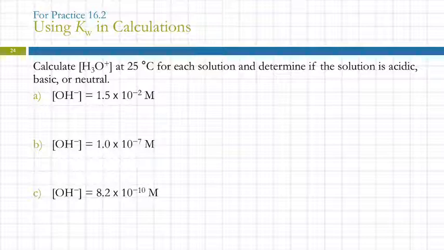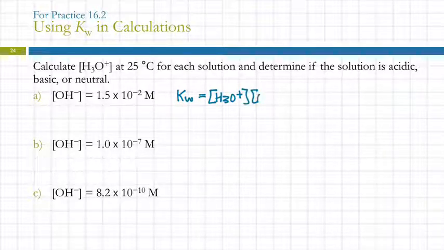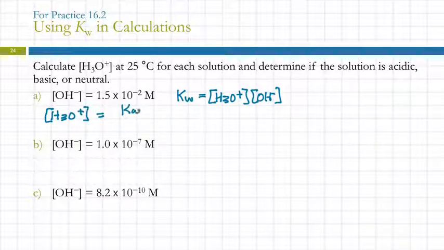So we're using this Kw equals hydronium ion concentration times hydroxide ion concentration. I'm given this hydroxide ion concentration, and I'm trying to find this one, so I'm going to rearrange this equation and say that the hydronium ion concentration is equal to Kw divided by the hydroxide ion concentration.